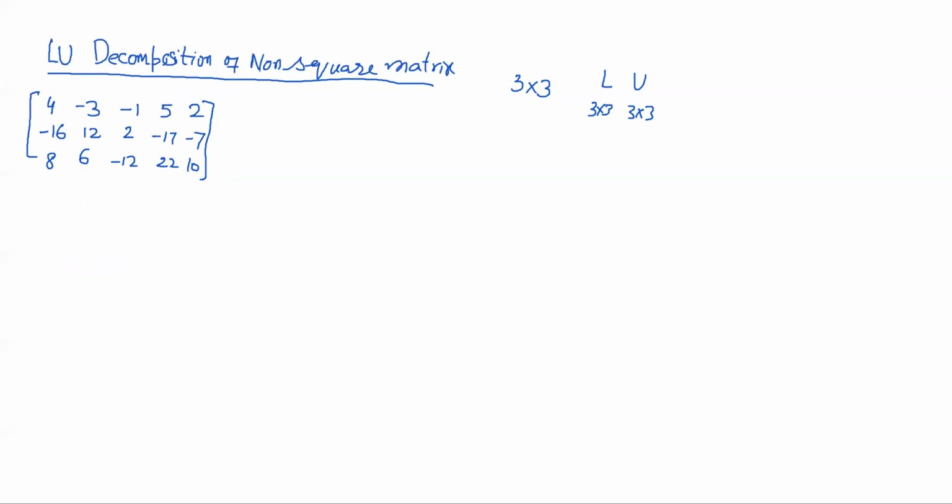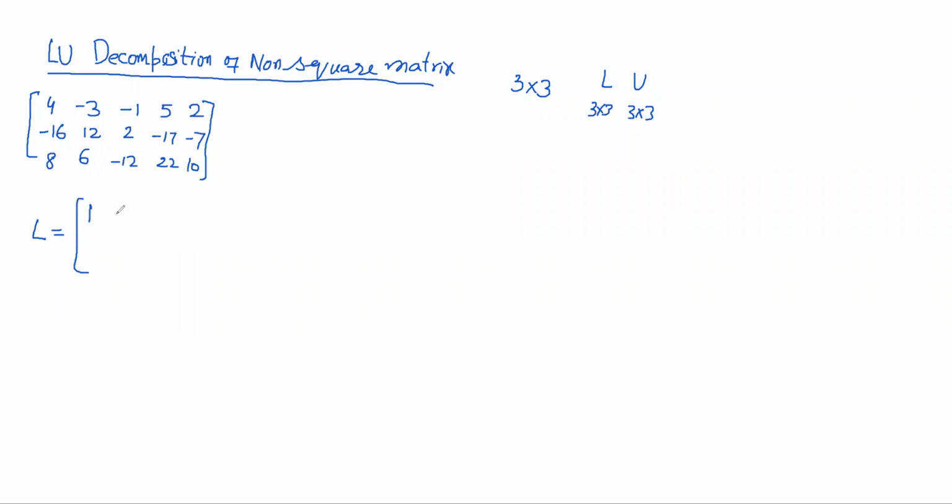So we start from the 4. Let me write: 4, minus 16, 8; 3, minus 3, 12; 6, minus 1, 2, minus 12; 5, minus 17, 22, 10; 2, minus 7, 10. If we want to find its lower triangular matrix, it will be a 3 by 3 matrix, as I have just explained.